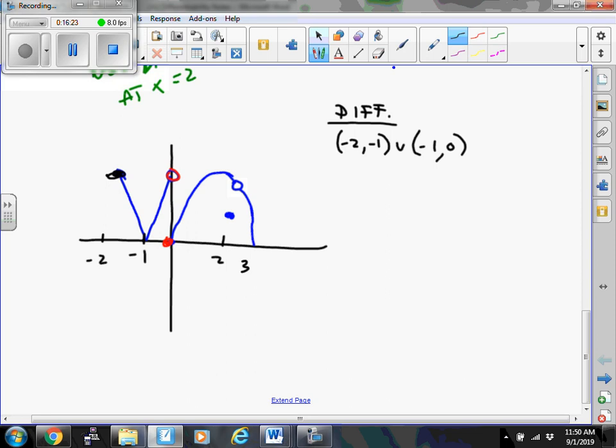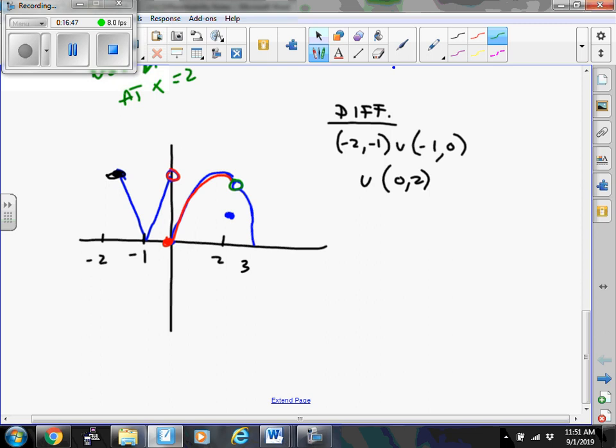But then you go from 0 to 2. That is continuous, no corners, no nothings. So it's differentiable on the union from 0 to 2. And then again, a removable point of discontinuity implies it can't be differentiable.